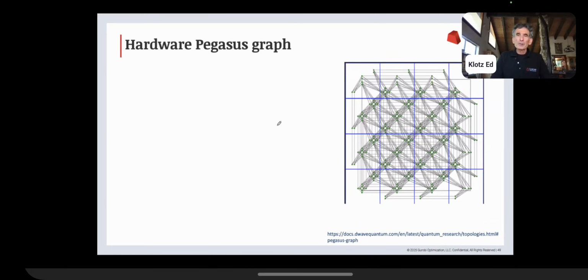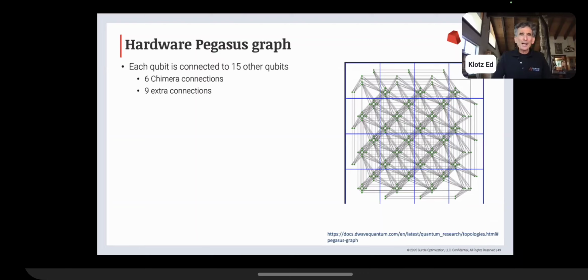Now, again, the Chimera graph is an older graph. The more recent graphs, like the Pegasus graph, have more connections. Instead of four connections within the unit cells, they have 6, and they have 9 connections between cells.